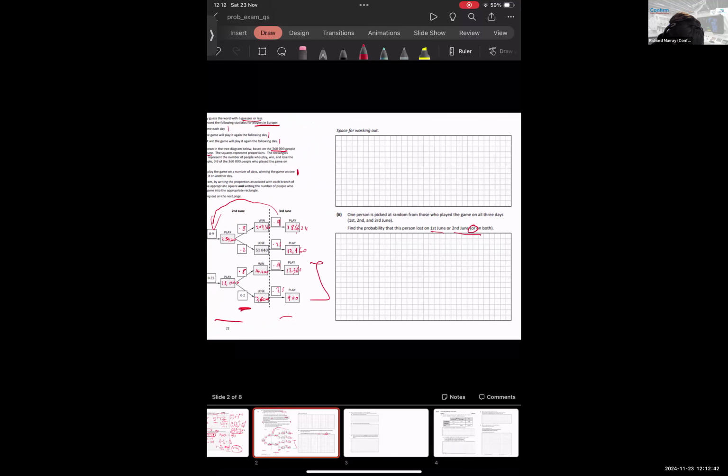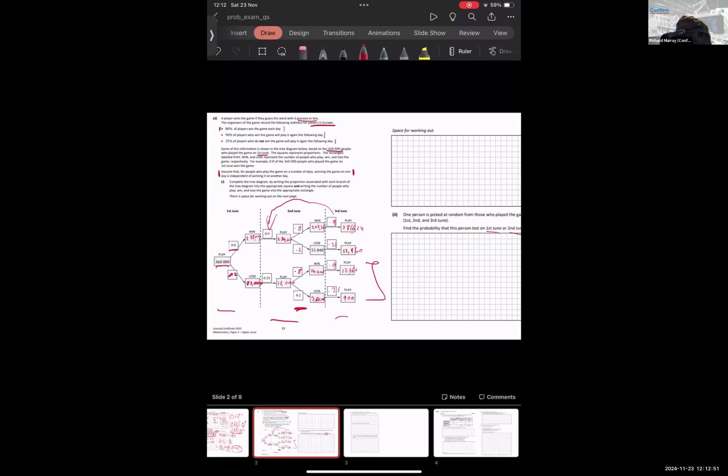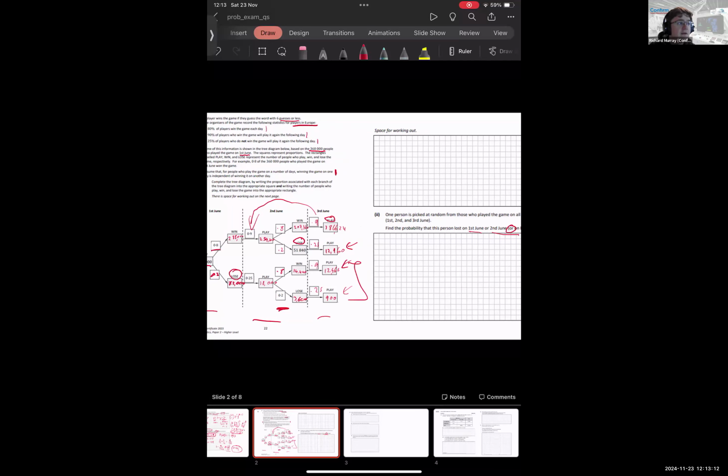And we know that they may have lost. Find the probability this person lost on the 1st of June or the 2nd of June or on both. So we need to look for people who lost here and people who lost here. So we are looking at pretty much everything but the win-win case. So we can either find the probability of this, or this, or this, or we can find the probability of not this case.